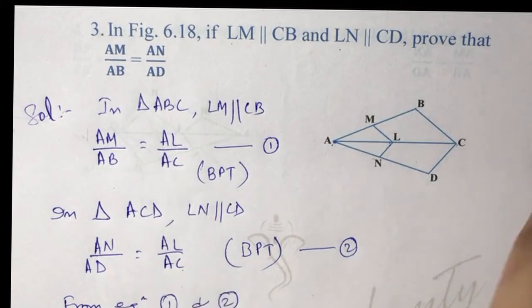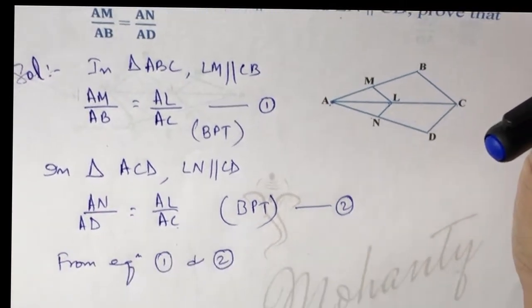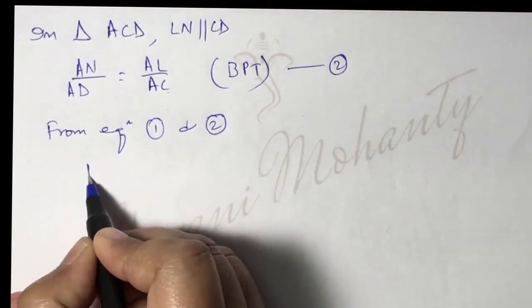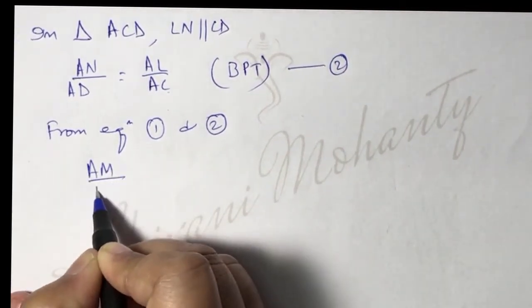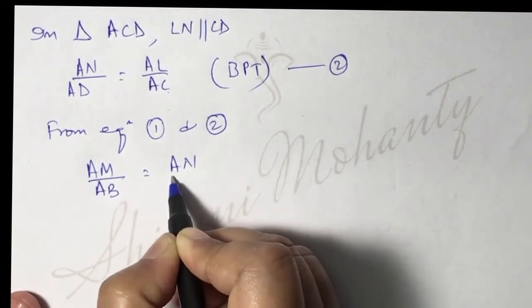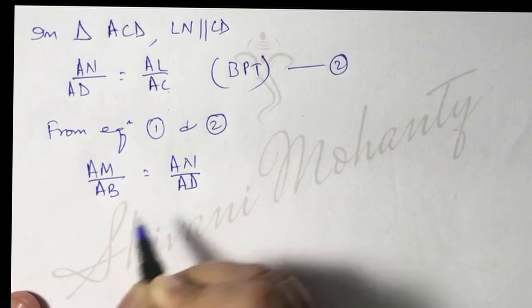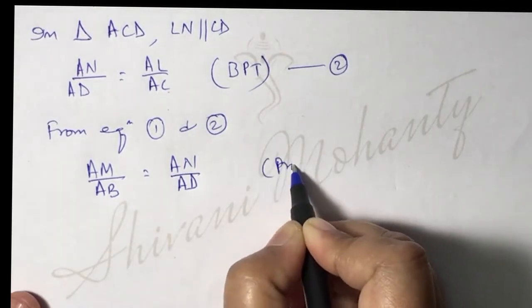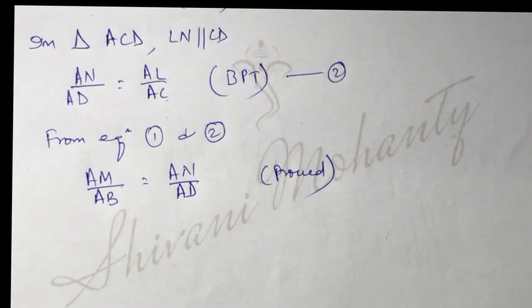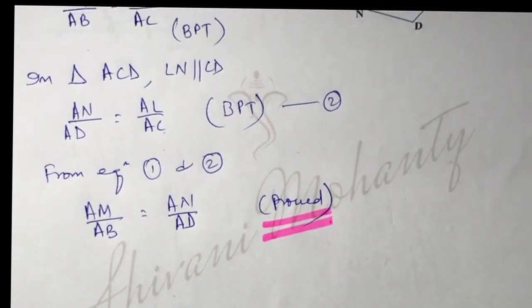So both the RHS are equal, so LHS will be equal. I can write AM by AB is equal to AN by AD. Proved. Clear all of you? So this is your question number 3.